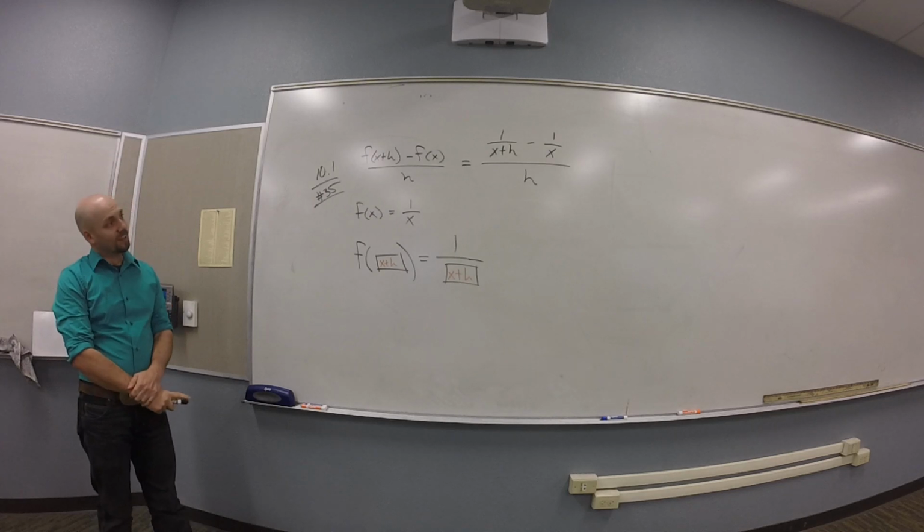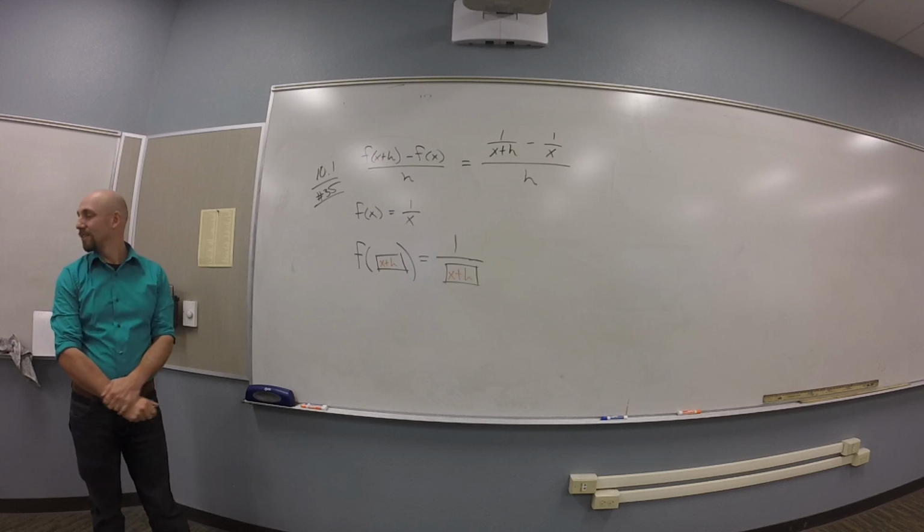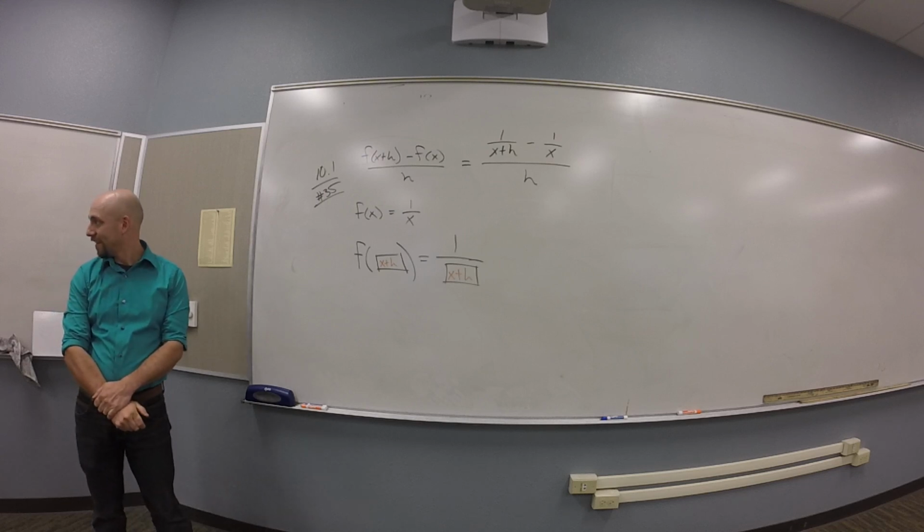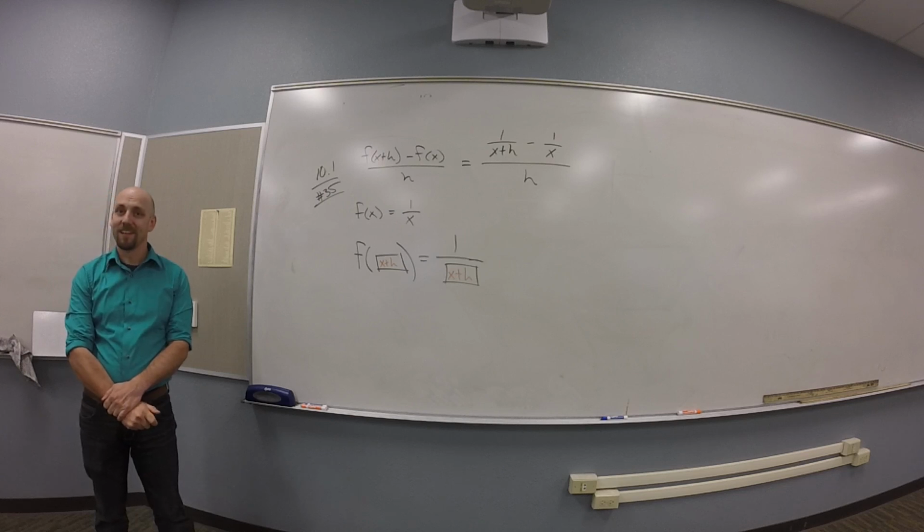And now there's some desire to do something, right? Multiply by x plus h and x, and the first one would be x over x times x plus h, and then the other one would be x plus h over x times h.